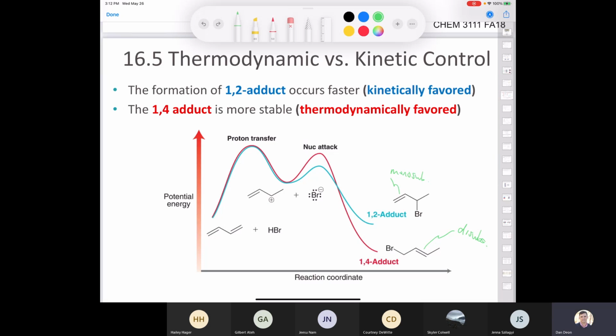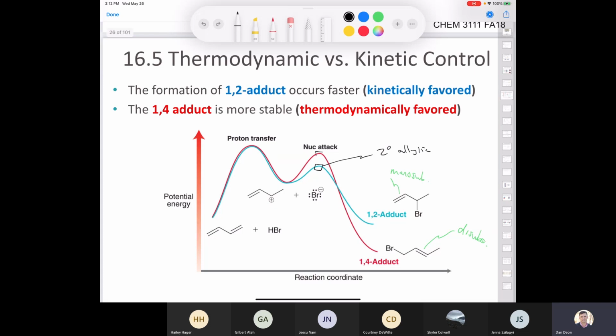All right. Now, if we think about the difference in the activation energies for the nucleophilic attack, I'm not sure if our textbook goes into this or not, but I think it's worth looking at. If you look at the nucleophilic attack that leads to the 1,2 adduct, the carbocation is secondary allylic. It's exactly this one right here.